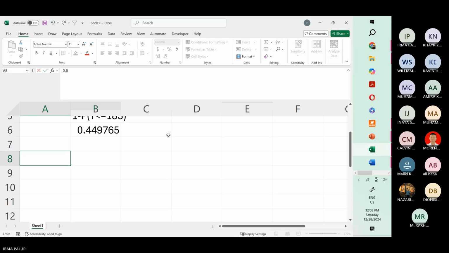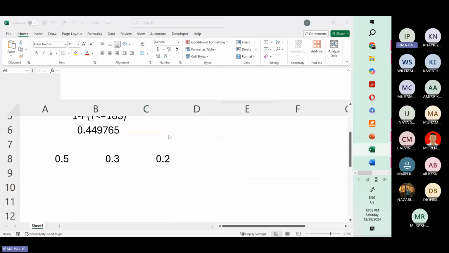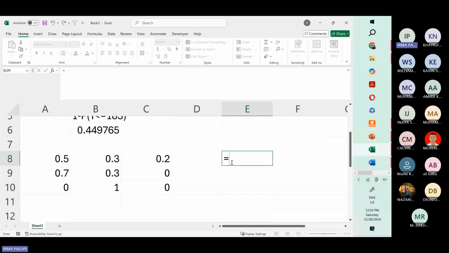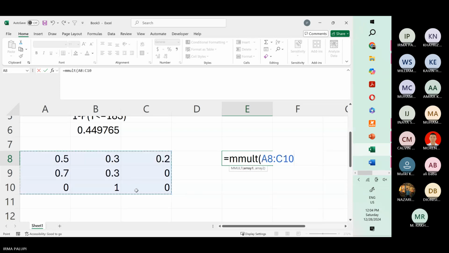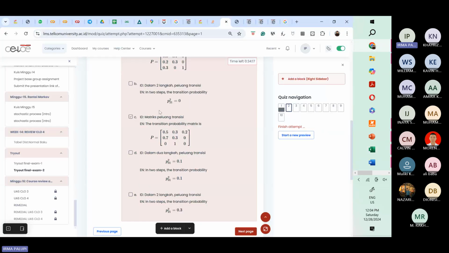The first row is 0.5, 0.3, 0.2, the second row is 0.7, 0.3, 0, and the third row is 0, 1, 0. Make sure each row sums to 1. So we need to use MMULT on this array, this array. This is the answer, for 0, 1, 2. And just find the answer for this B.